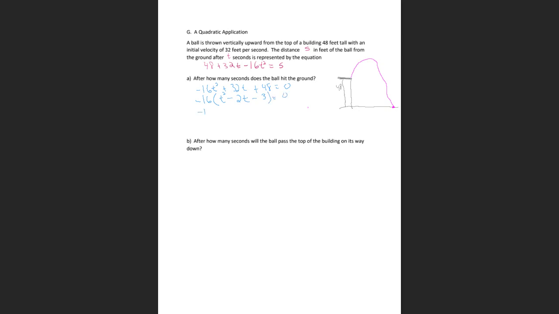So now this negative 16 stays put, but t squared minus 2t minus 3 is a factorable quadratic. And since the coefficient of t squared is just 1, we just make 2 sets of parentheses. And remember, the t squared just gets broken apart into the first positions, t and t.